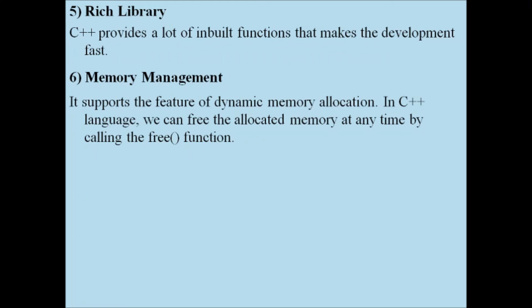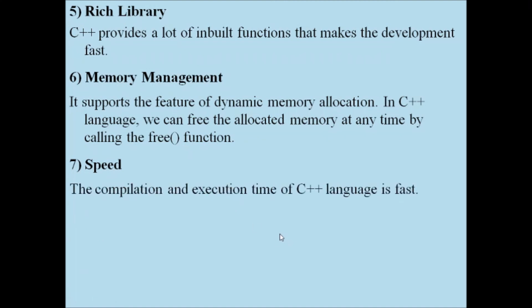In case during execution the program needs to remove any memory allocation, it can remove it using the function free, and if it needs any new allocation, it can make it. That is called dynamic memory allocation. Here the program has memory management. Next feature is speed. The compilation and execution of the C++ language can be done in a short time.